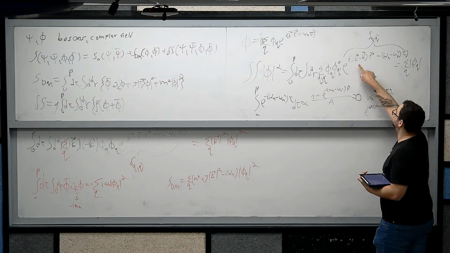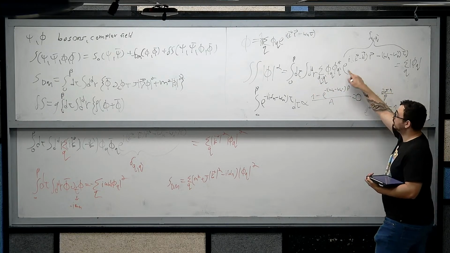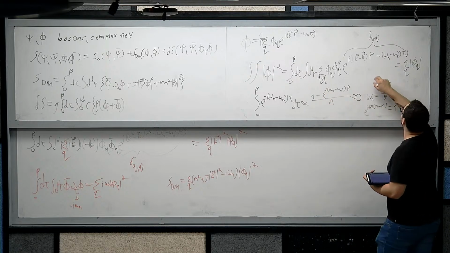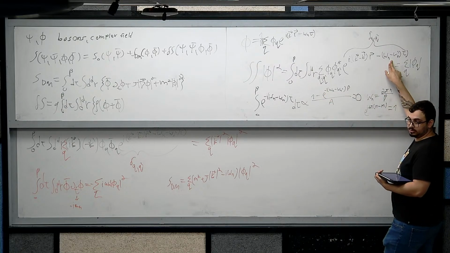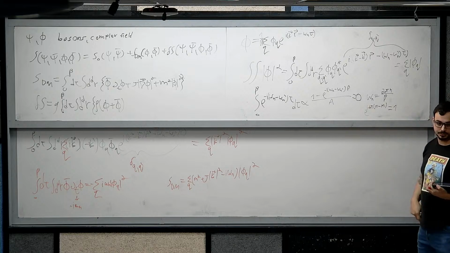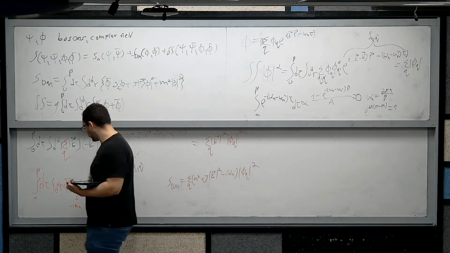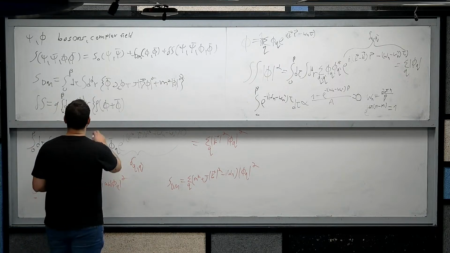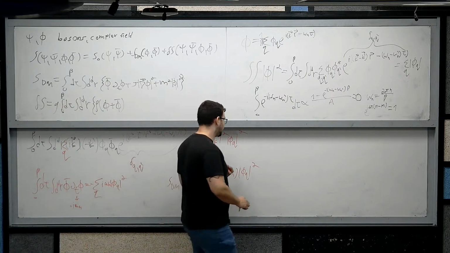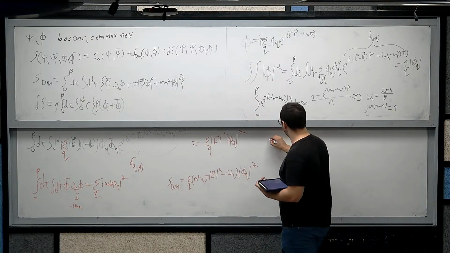The spatial integral creates the delta in k, and the time integral will create the delta in omega, right? Now we have this term of ds.